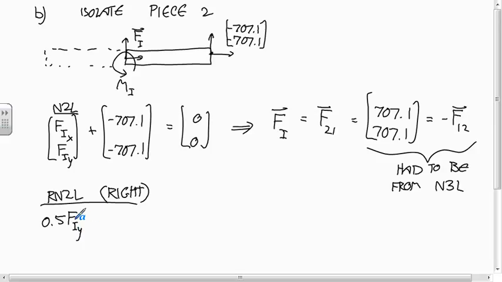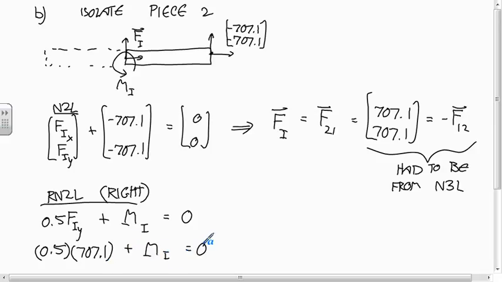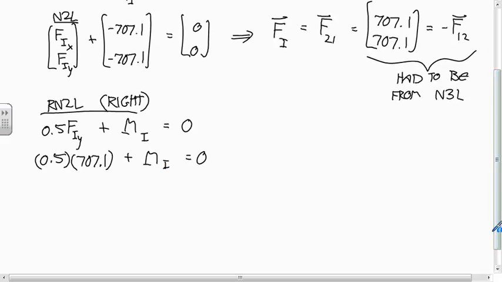And then add in Mi, that's equal to 0. We know what Fiy is, so that's 0.5 times positive 707.1 plus Mi is equal to 0. And so Mi is equal to negative 353.5 Newton meters.